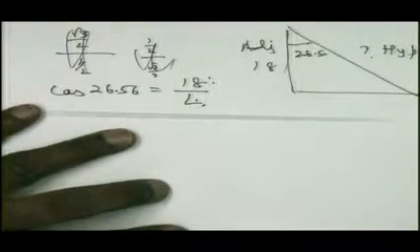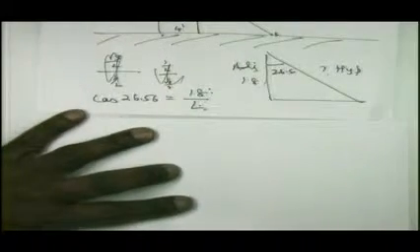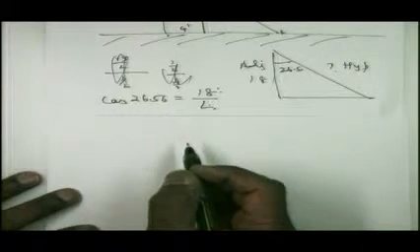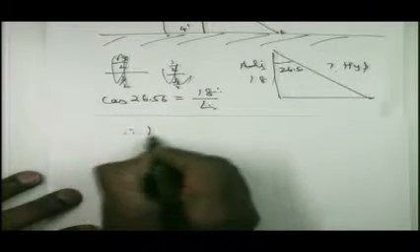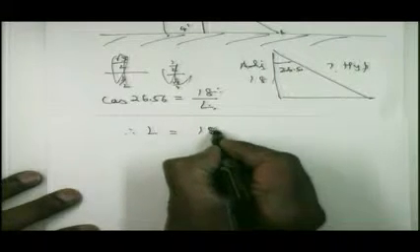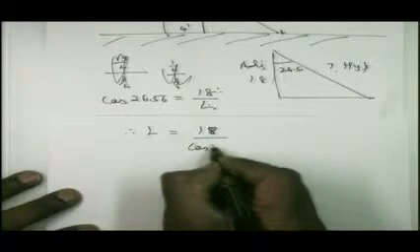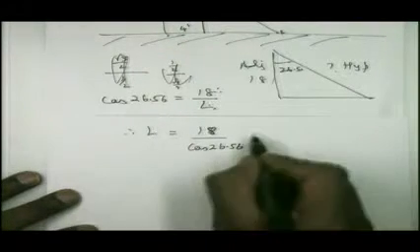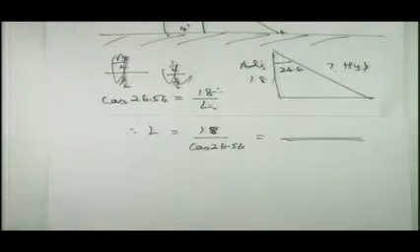That's too big, that's why it's causing that. This should be much better now. Okay, all right. So L will be equal to 18 divided by cosine 26.56. What will that be? 20.12.